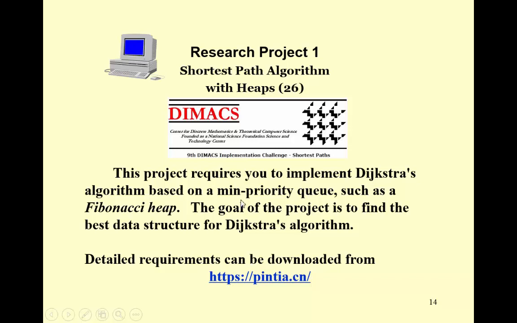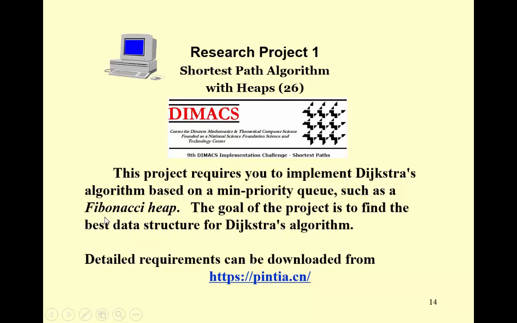So far we have studied ordinary min heaps, and we also studied leftist heaps, skew heaps, binomial queues, and there's one more, the Fibonacci heap. It's another form of priority queue. The goal of this project is to find the best data structure for Dijkstra's algorithm.